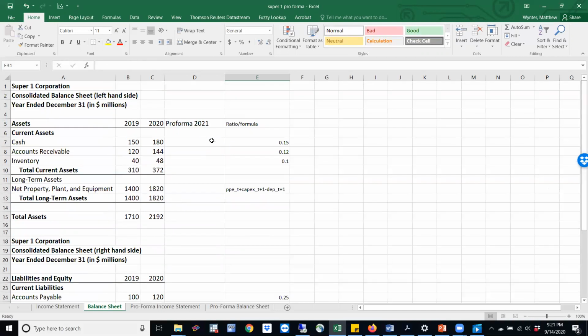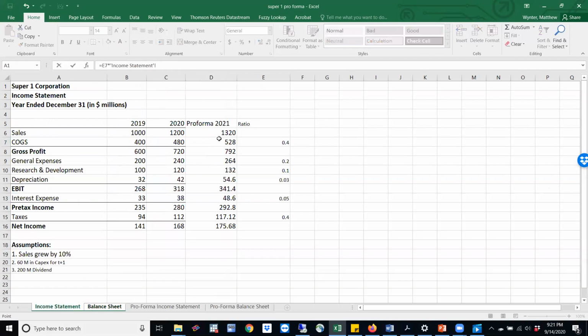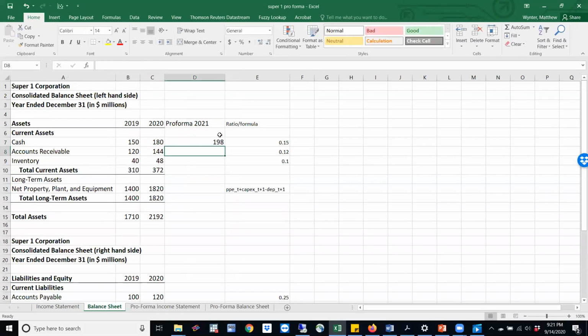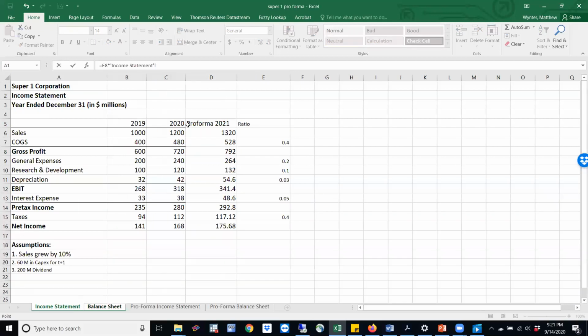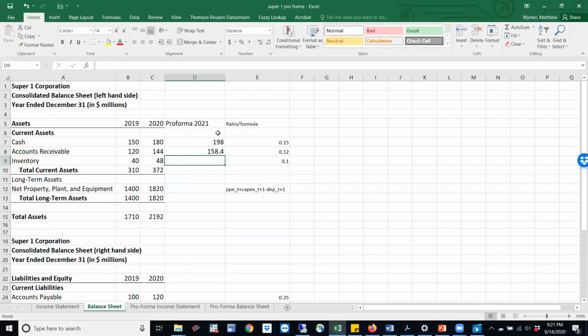Okay. So first, for my cash, I've got the ratio. I'm going to multiply that by my projected sales for 2021. For my accounts receivable, I've got my ratio. I'm going to multiply that by my projected sales for 2021.